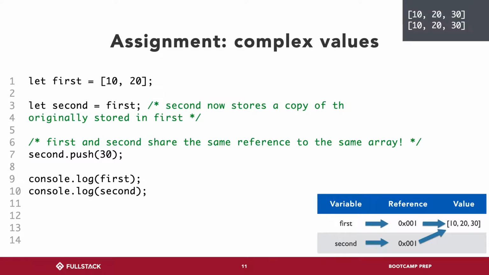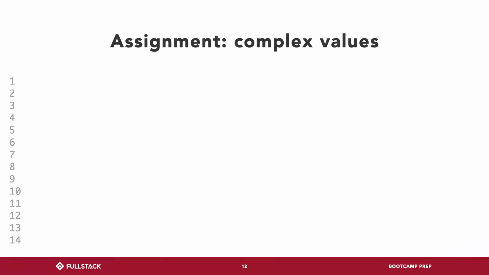This is tricky behavior you need to be aware of, especially with arrays. Push is a very commonly used method, but it does mutate the original array. So if anything else was ever set to that original array somewhere, that thing is going to get updated too. So just be wary of that.